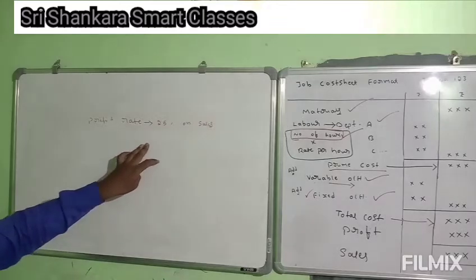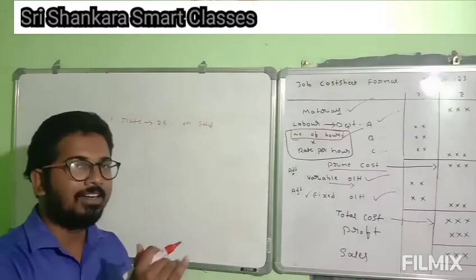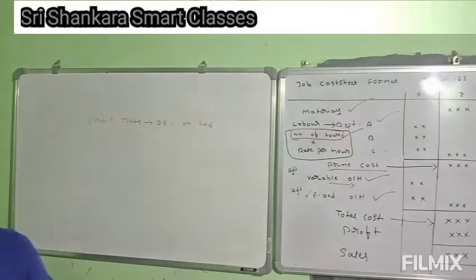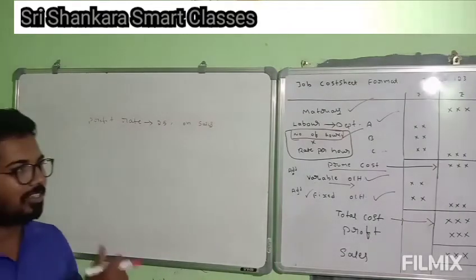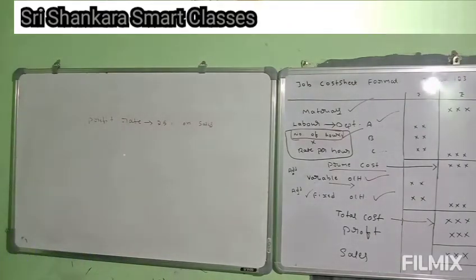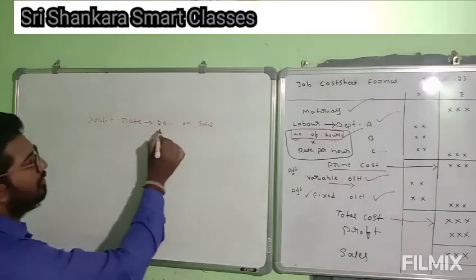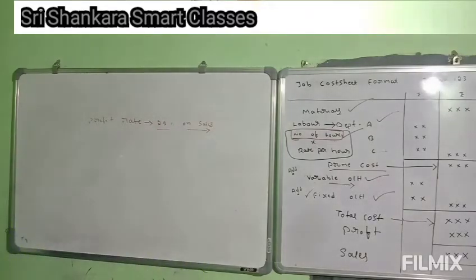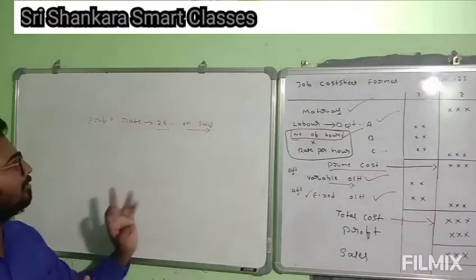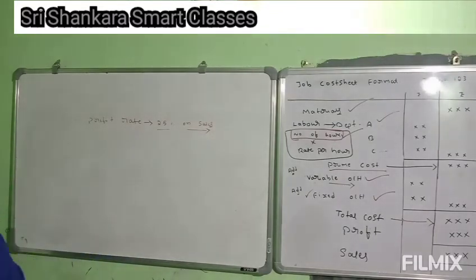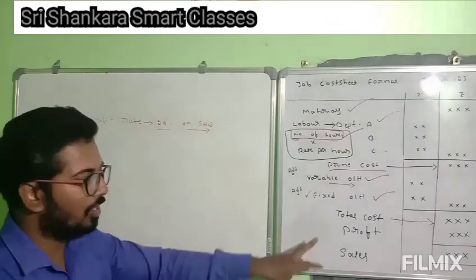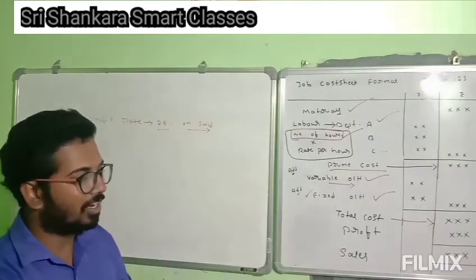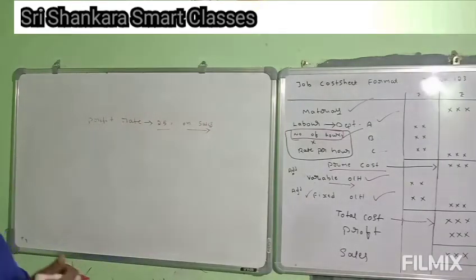How to convert the profit rate, either on cost to on sales or on sales to on cost? Suppose they have given a profit rate of 25% on sales. So from the question, the adjustment profit rate is 25% on sales. There is no sales in the question, only total cost is available, so we need to convert on sales to on cost.